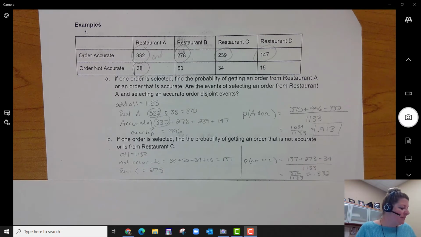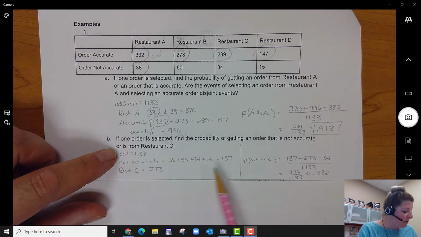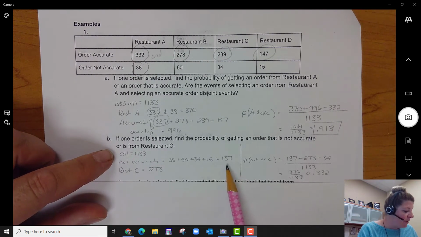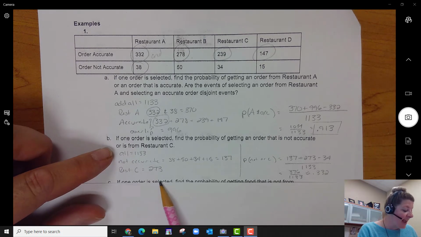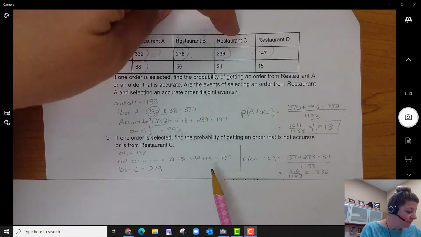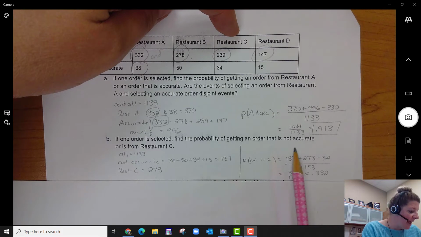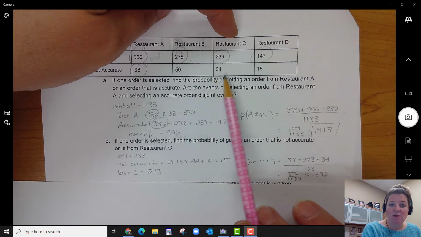So what am I going to do? I'm going to say all of them are still the 1133. Not accurate was the 137. Restaurant C is 273. The and, where they both are, restaurant C and not accurate, it is going to have this 34 be its overlap.